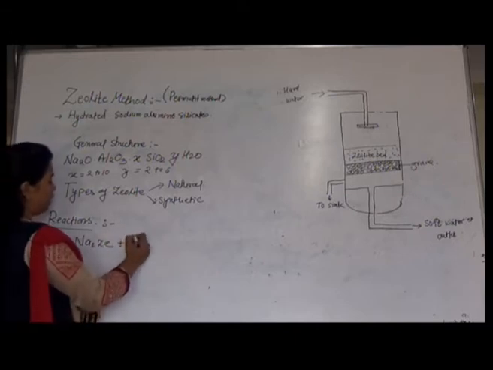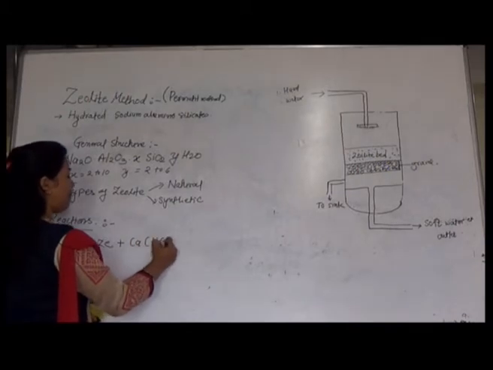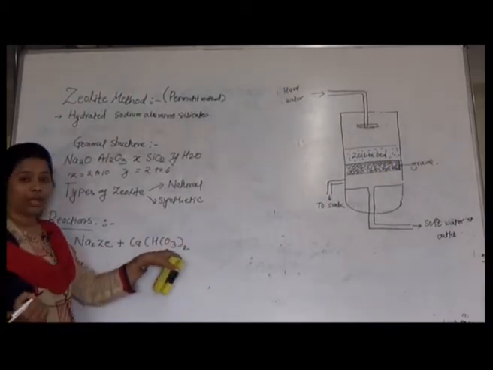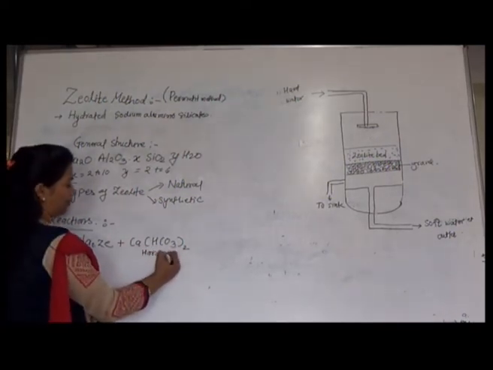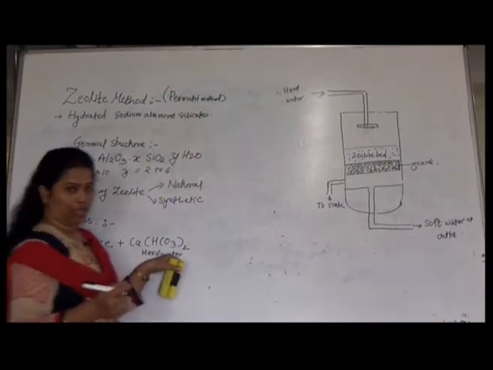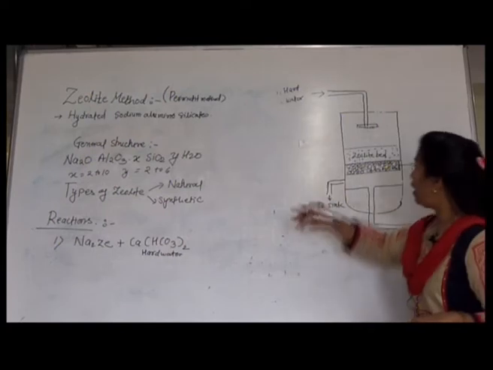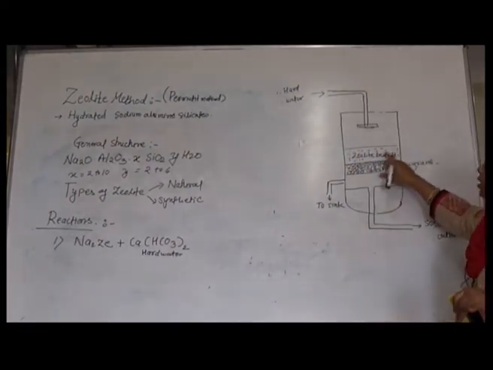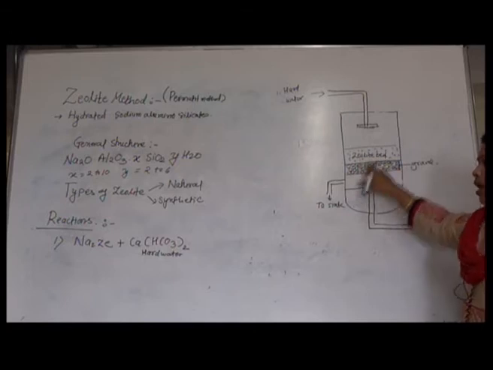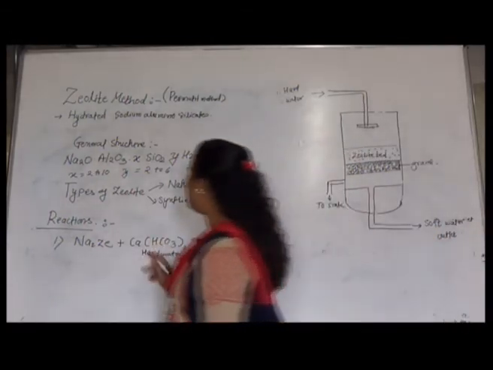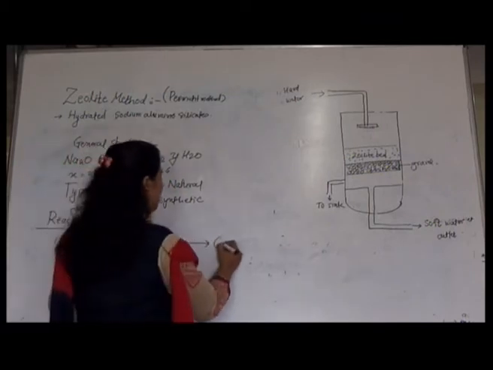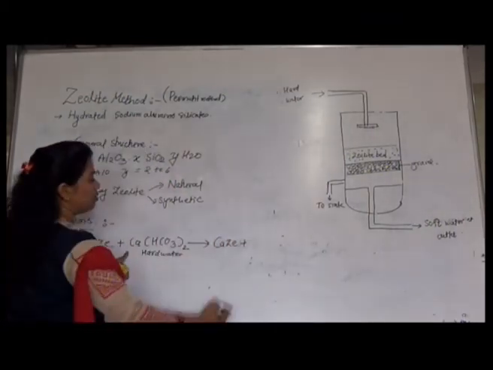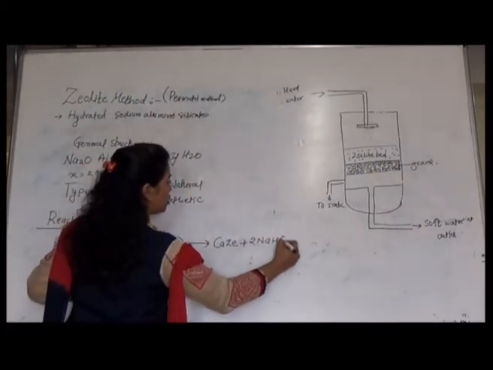This calcium bicarbonate is a temporary hardness causing salt which is present in hard water. When the hard water containing calcium bicarbonate percolates through this zeolite bed, the reaction takes place between this sodium zeolite and calcium bicarbonate. The sodium zeolite retains this Ca2+ ion and forms calcium zeolite plus 2 NaHCO3.